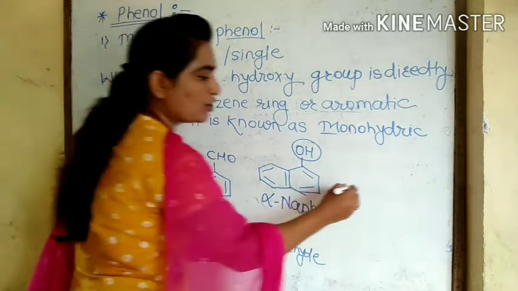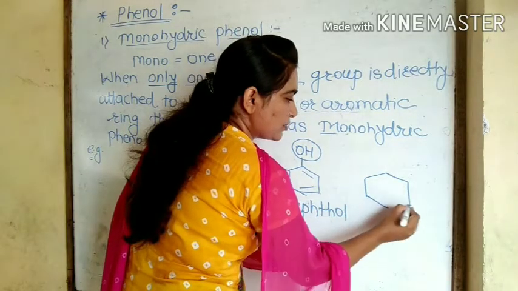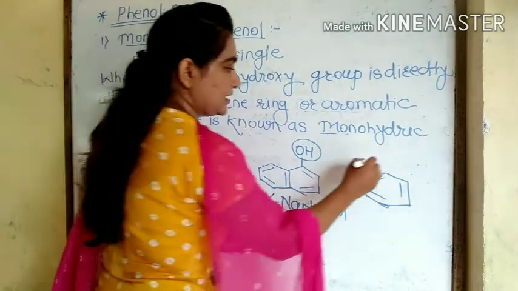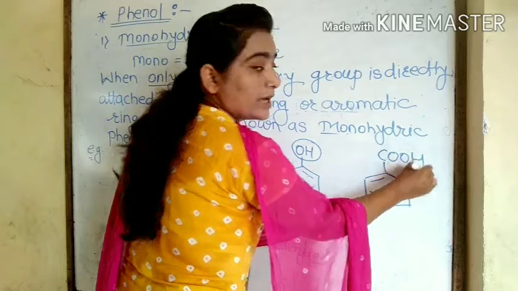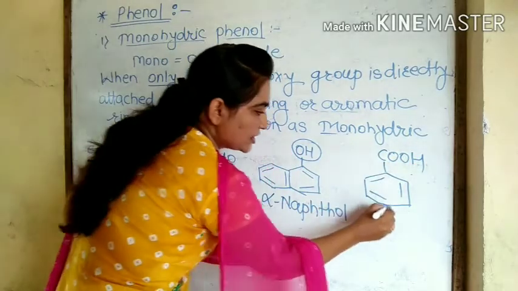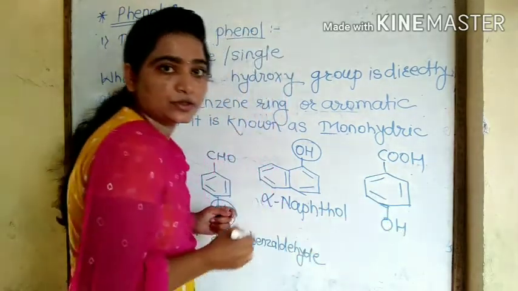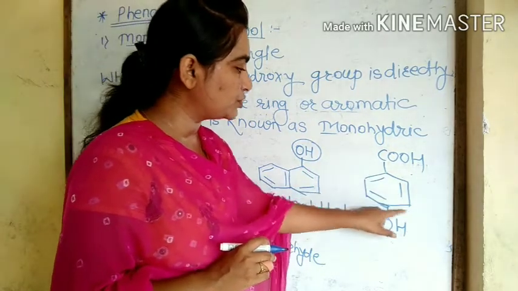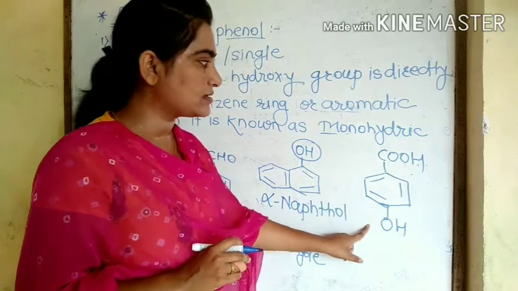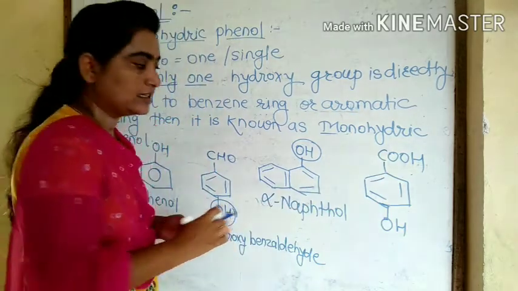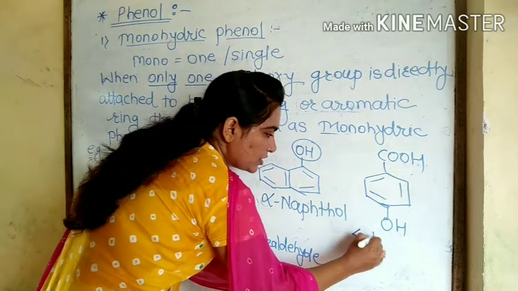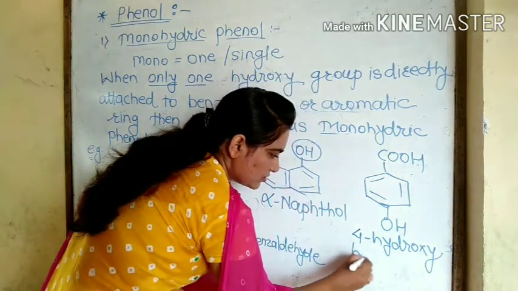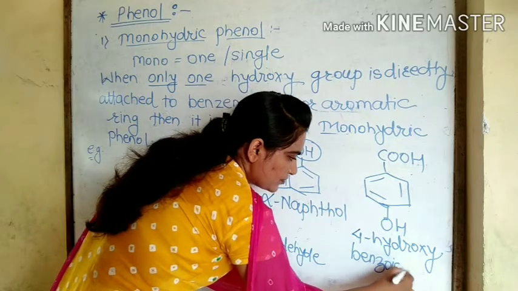Again we take the example of benzoic acid. Suppose here an aromatic ring, it consists of COOH and here presence of OH. So what is the formation there? There is formation of 4-hydroxybenzoic acid.